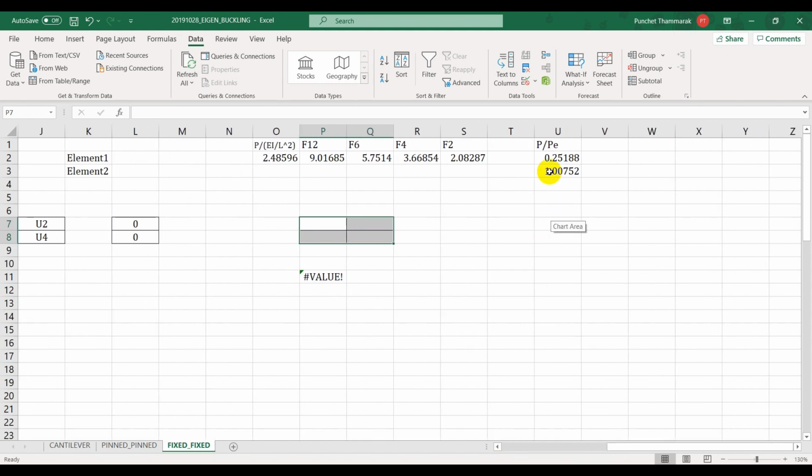Let's use the geometric stiffness matrix. So we have 12. We have the -6.